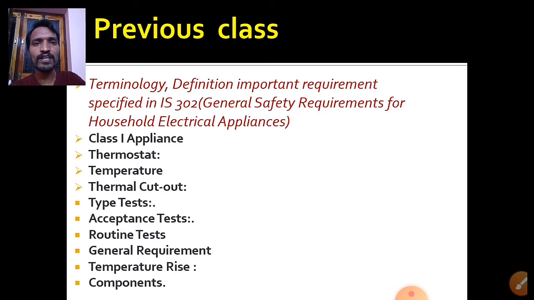In the previous class we discussed some terminology and definitions of required household electrical appliances: class 1 appliances, thermostat, temperature, thermal cutout, type tests, acceptance tests, routine tests, general requirement, temperature, and components. If you have any doubts regarding these topics, please visit the previous class video.